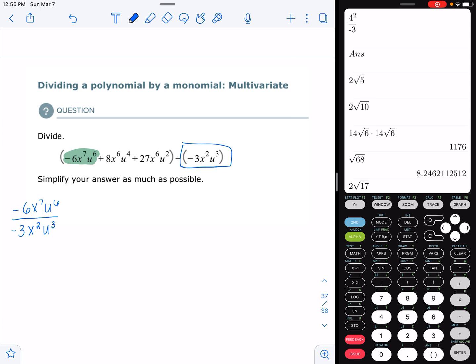Okay? Our next one is going to be plus. So notice it's plus. And then I'm going to put that part on the top: 8x to the 6th u to the 4th over negative 3x squared u to the 3rd.